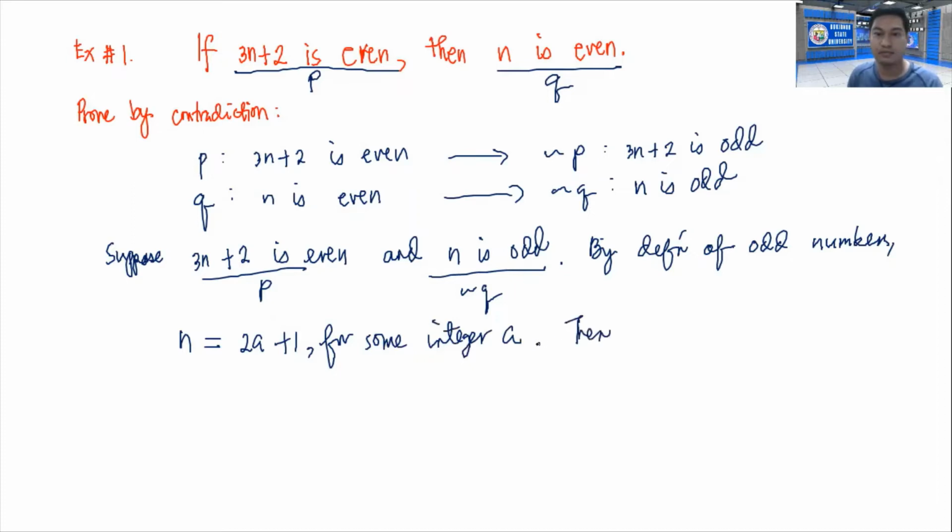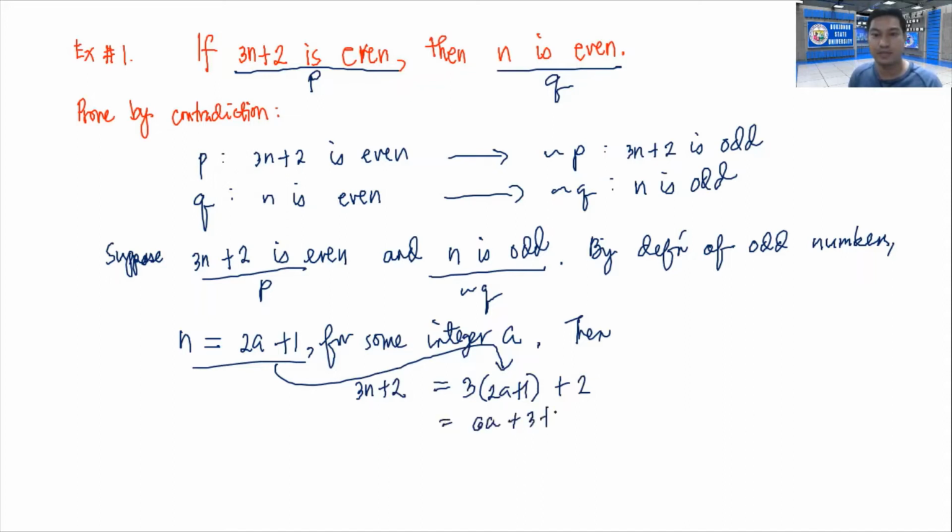Then 3n plus 2 will just be equal to 3 times n, plus 2. But we know that n is 2a plus 1, so you will have 6a plus 3 plus 2.